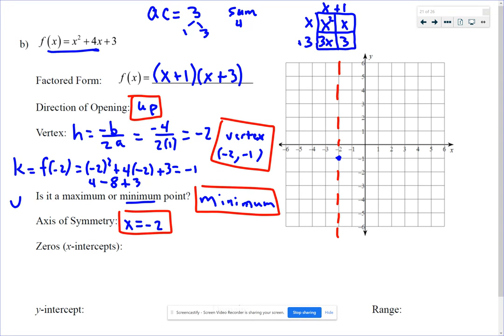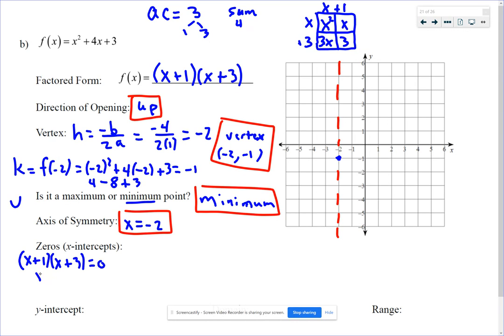The zeros, or the x-intercepts, they're going to happen when y equals 0. In other words, when x plus 1 times x plus 3 equals 0. I need the x values that are going to give me an output of 0. All right, we'll just replace the f of x with a 0. Get this little equation.